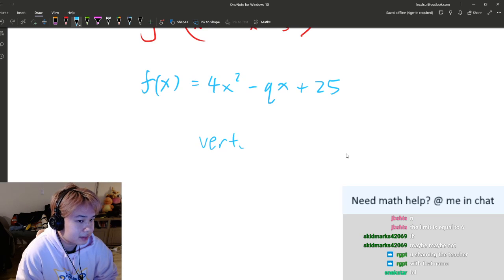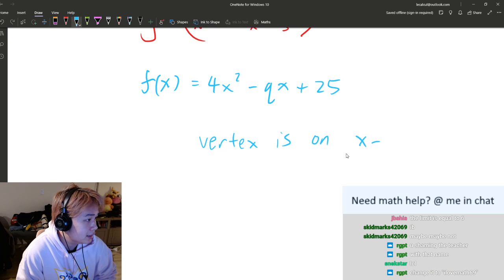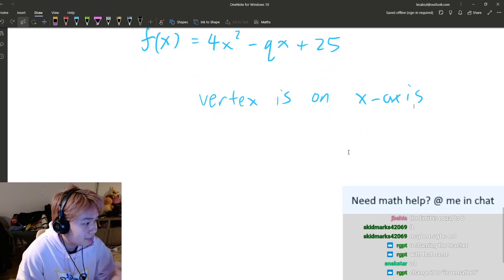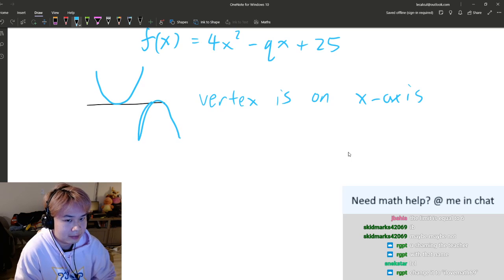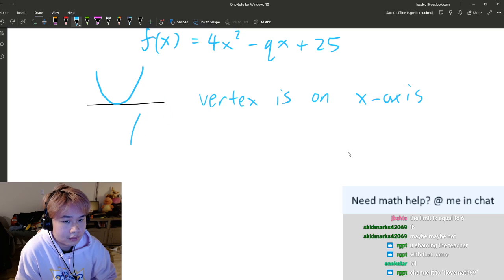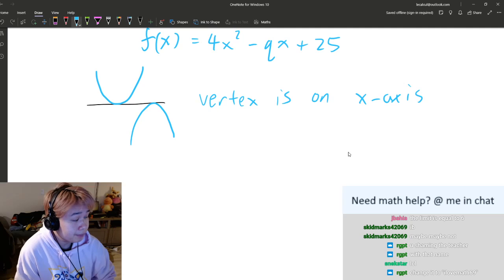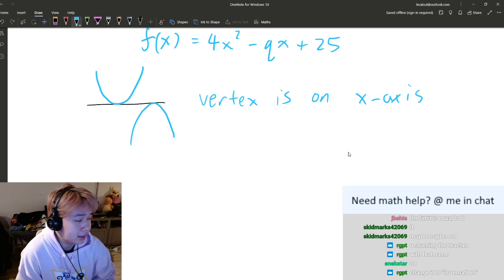If your vertex is on the x-axis, imagine what this looks like. It'll either look like this, or maybe it'll look like this. Either way, how many x-intercepts does it have if the vertex is on the x-axis?